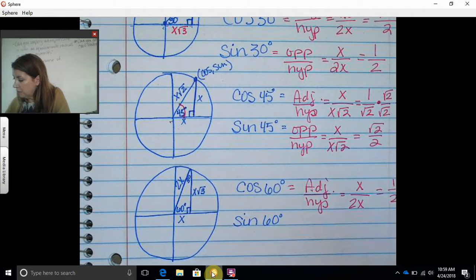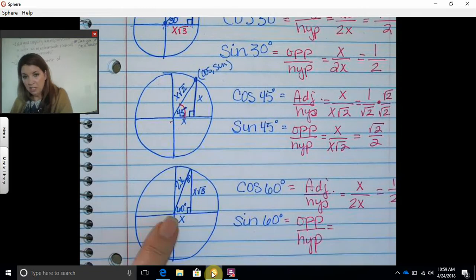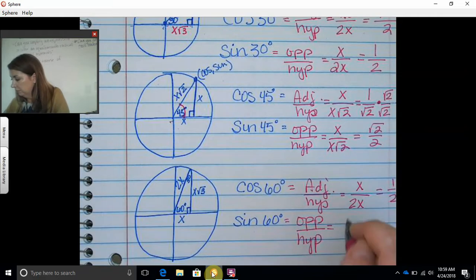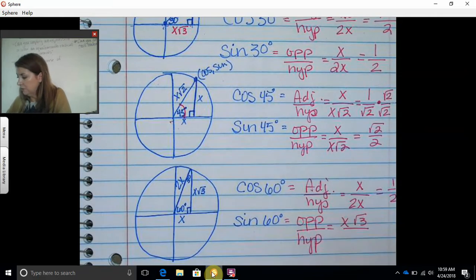The sine is opposite over hypotenuse. What is opposite of theta? X square root of 3. And the hypotenuse is 2x.